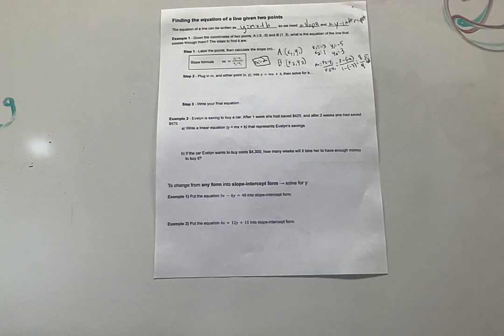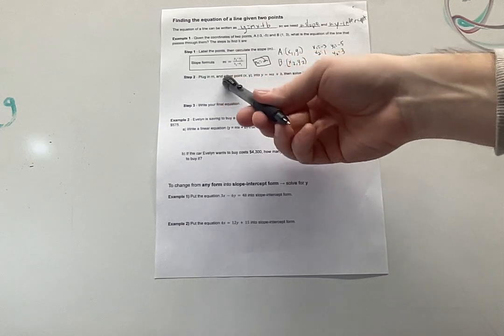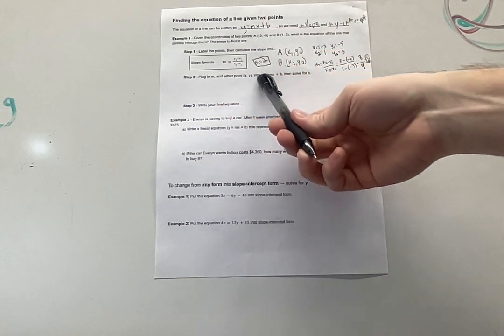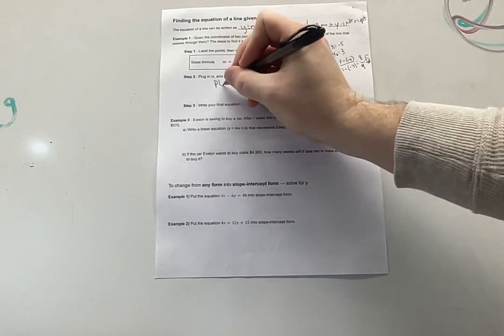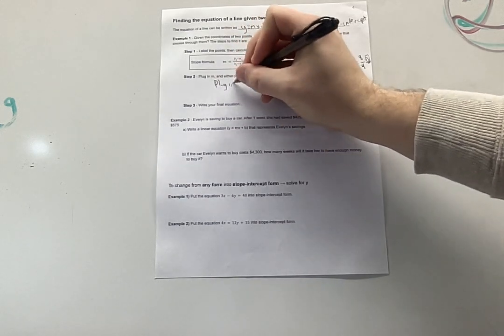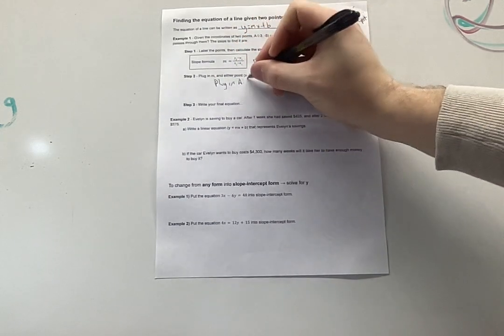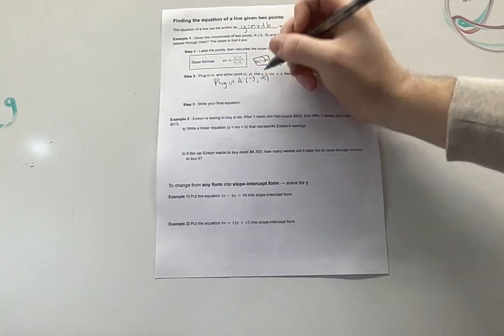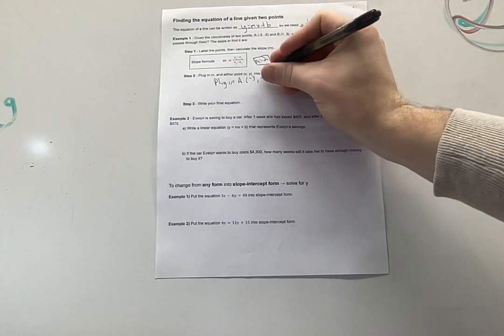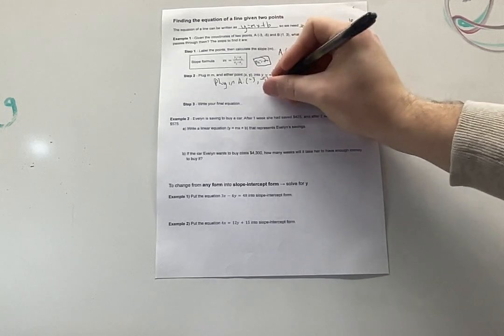So now that we know the slope, plugging in m and either point xy into the y equals mx plus b, just for the sake of simplicity, we'll plug in A. So we'll plug in -3, -5. In this case, instead of y, we'll make it -5.